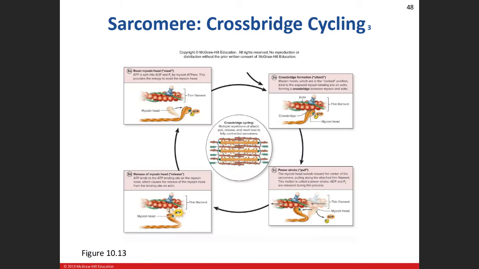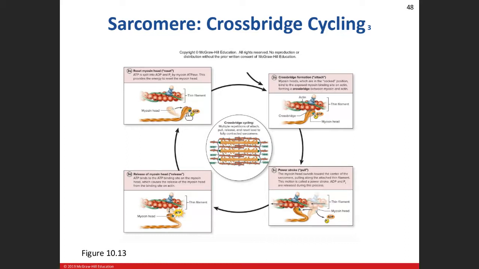Looking here, you can see where we once had ATP attached, ATPase is going to break it down into ADP and inorganic phosphate, which are still attached to the myosin head, but it puts it into the cocked position.